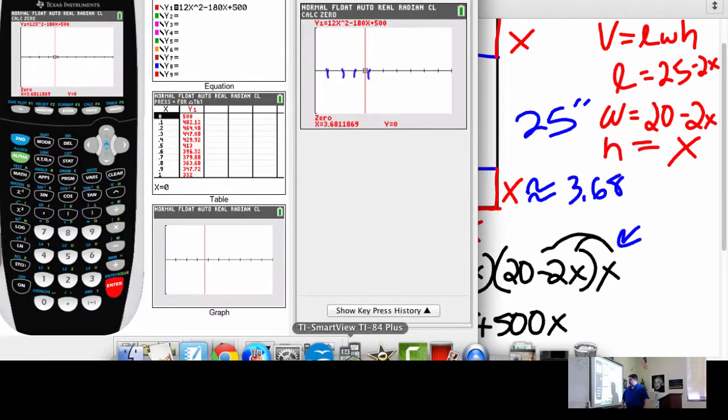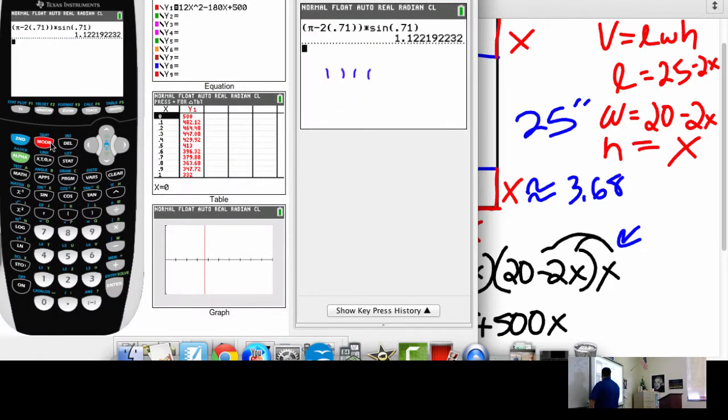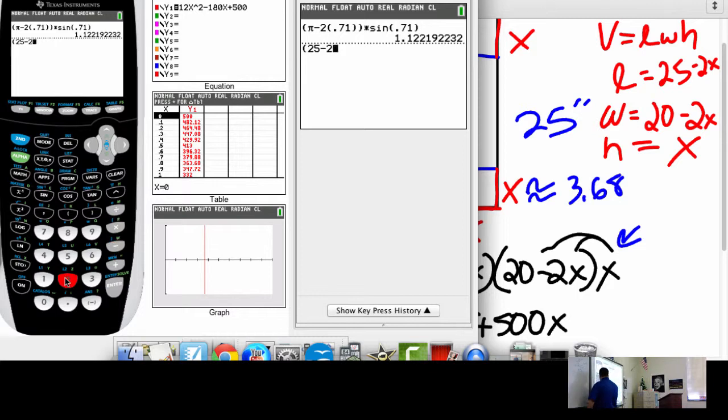So for my last step, I'm going to say 25 minus 2 times 3.68 times, in parentheses, 20 minus 2 times 3.68 times what? 3.68.